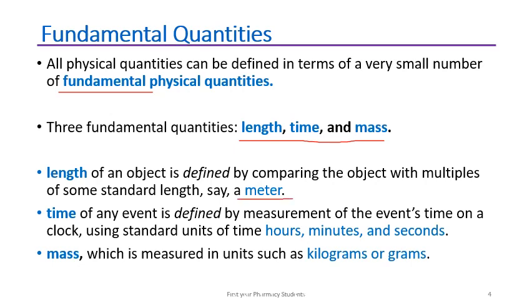The time of any event is defined by measuring the event's time on a clock and using standard units of time, and these units are hours, minutes, or seconds. While mass can be measured in units of kilograms or grams.